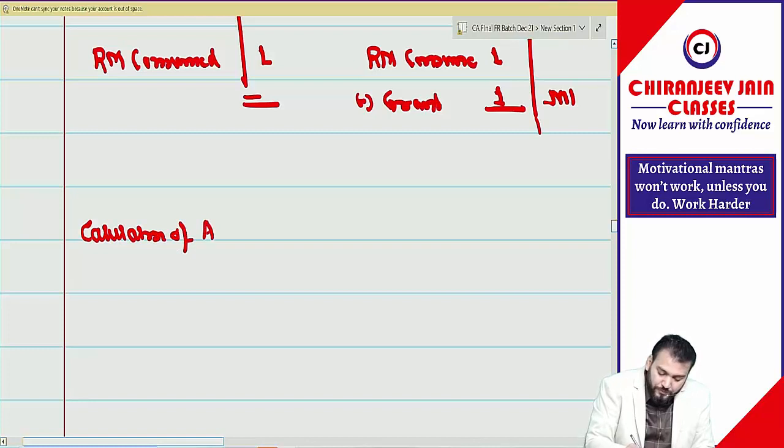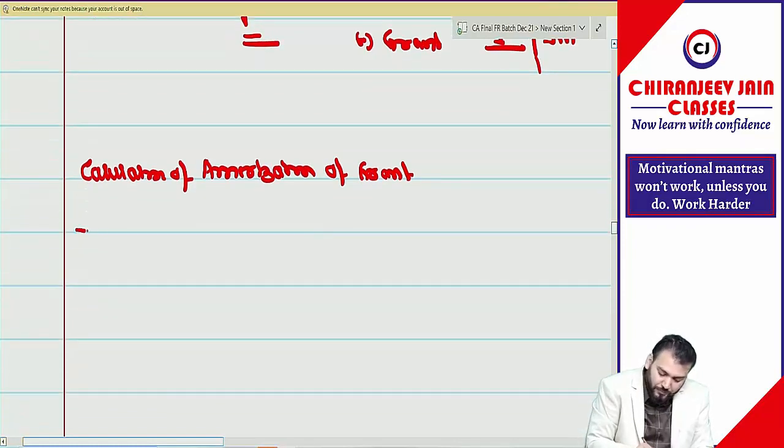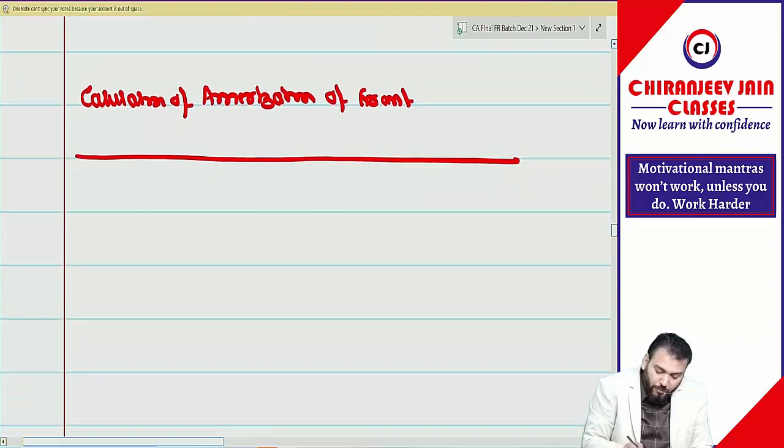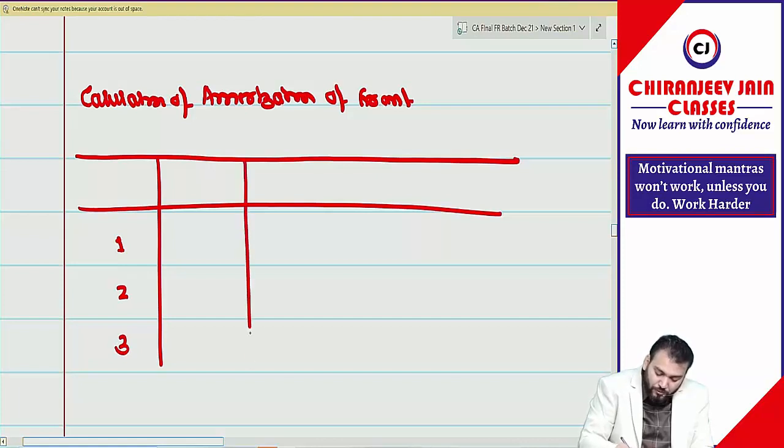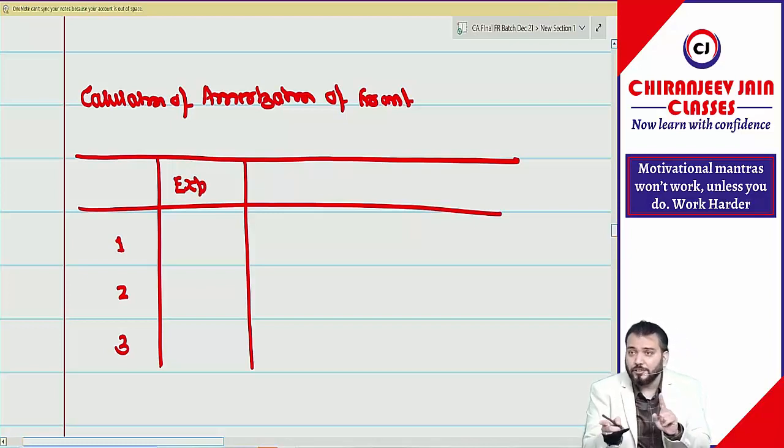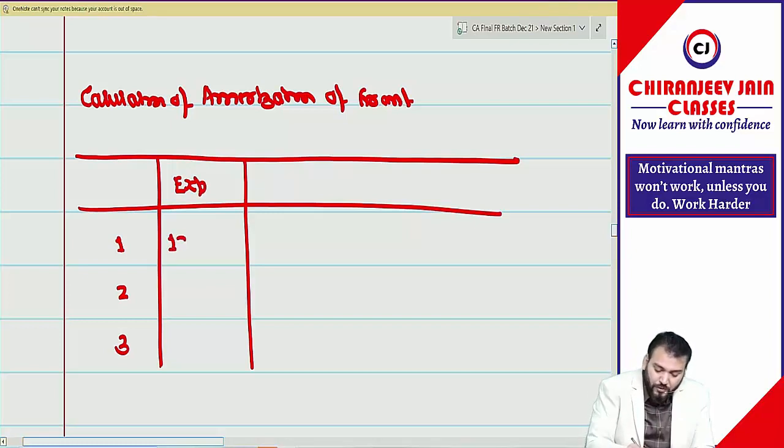Now we need to do the calculation of amortization of grant. So how many years? We have year 1, year 2, year 3. What are the related expenses? First year it is 1 lakh plus 30,000, so the first year is 1 lakh 30,000.